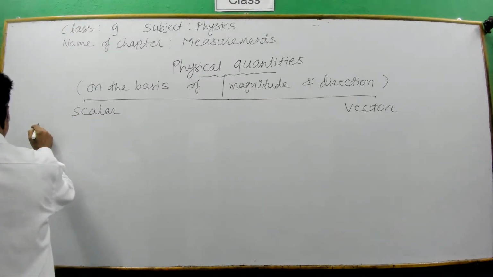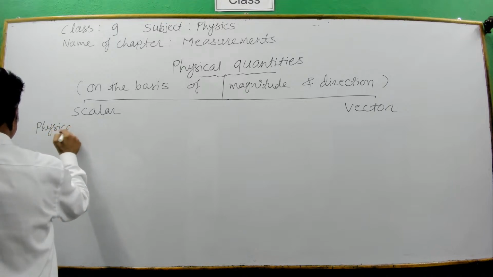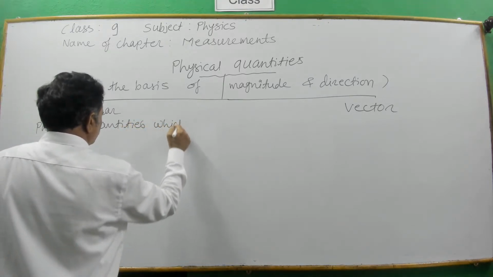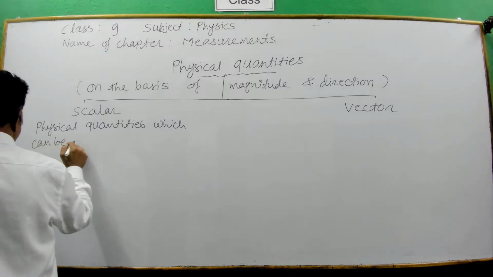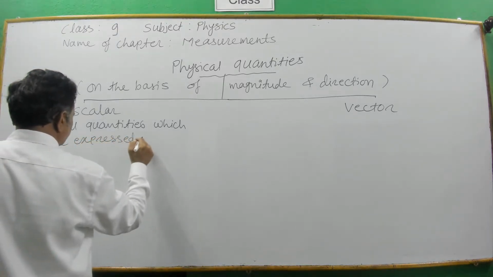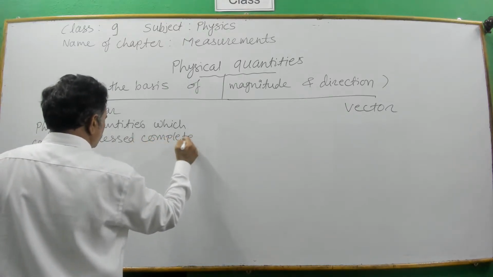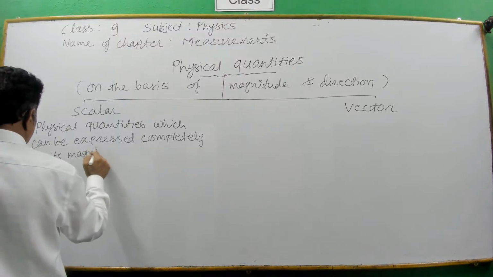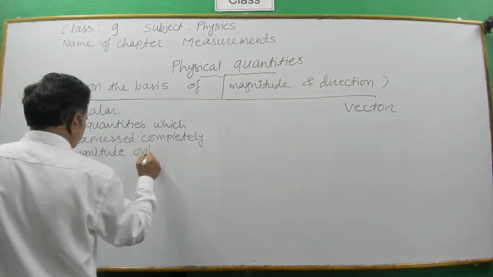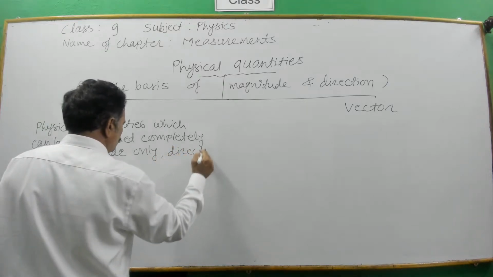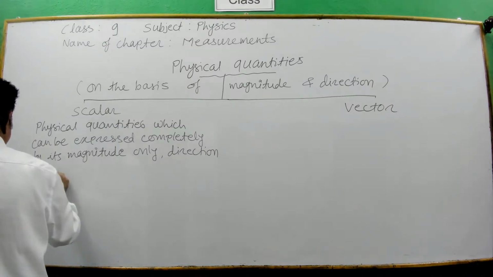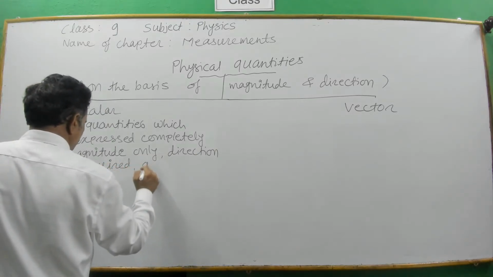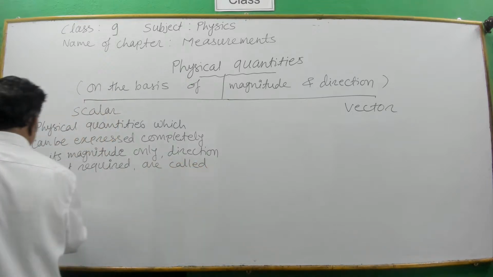So write down here. Physical quantities which can be expressed completely by magnitude only, and to express them direction is not required, are called scalar quantities.